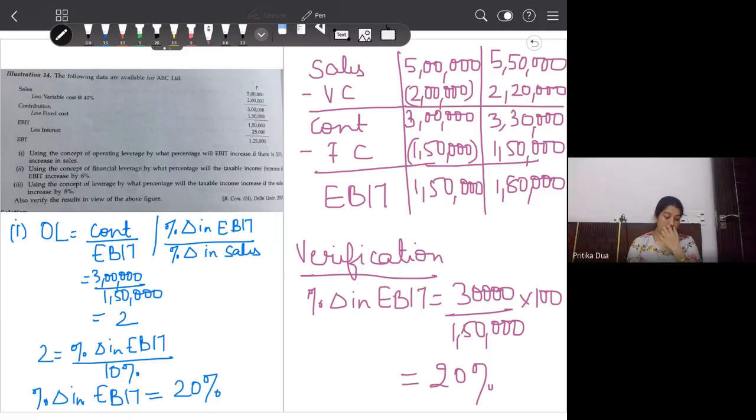And then come to the third part, which is on combined leverage. First verify the second part. Are you getting the same answer?